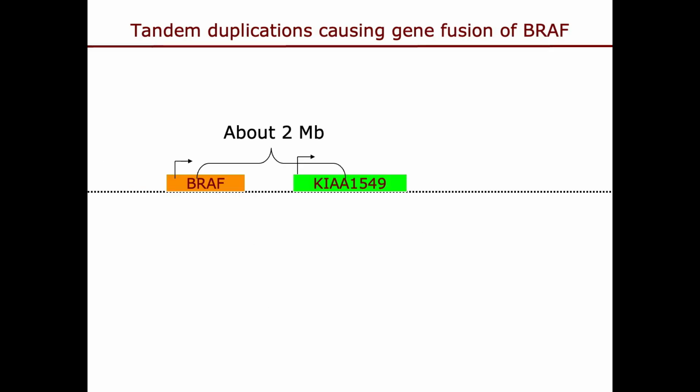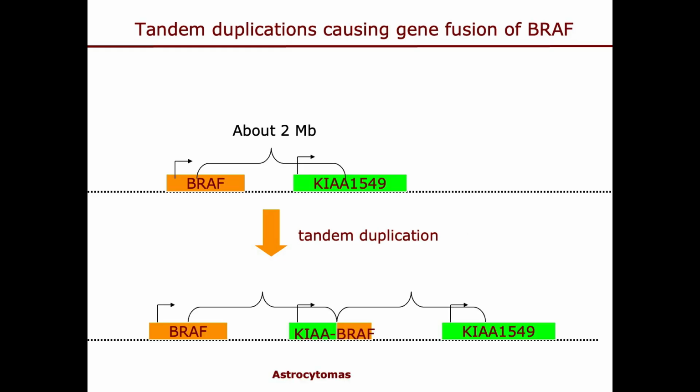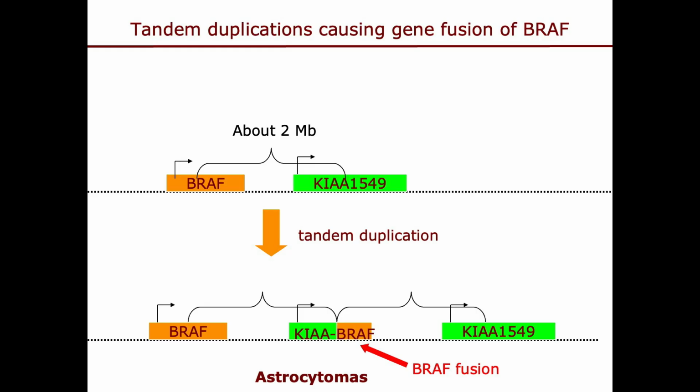Zooming in on the RAF gene, BRAF is adjacent to another gene called KIAA1549, and if a piece of about 2 megabases spanning those two genes is duplicated, you end up with the structure shown here, where in the middle the KIAA gene is joined to BRAF, and this fused gene, which makes a protein which is part KIAA and part BRAF, that protein is an activated form of RAF. This is found particularly in astrocytomas, a kind of brain tumour.